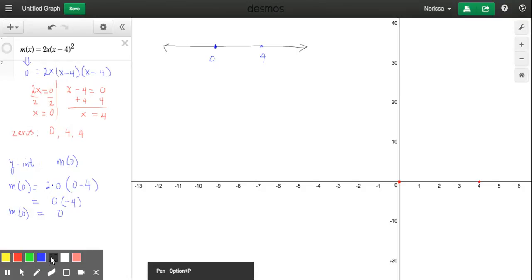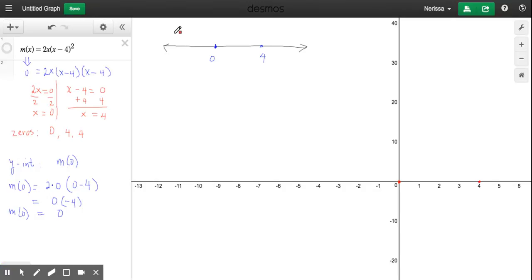And then we're going to pick numbers here in this interval. So we can use negative 1. And in the interval 0 to 4, we can use 1 or 2 or 3. And on the right side of 4, we can use x equals 5.